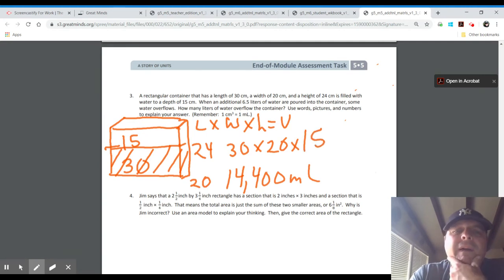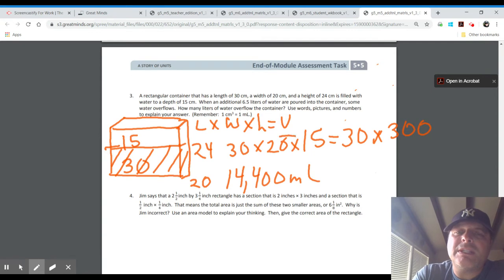So this time, 20 times 15: 2 times 15 is 30 plus 0, that's 300.